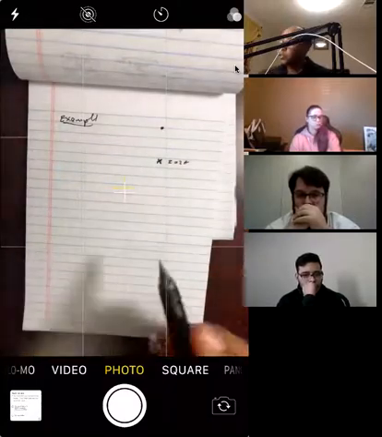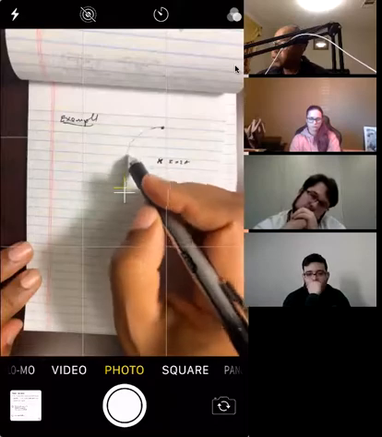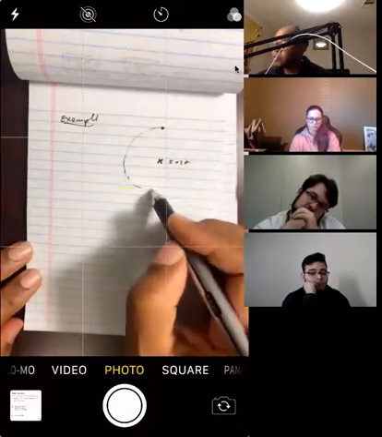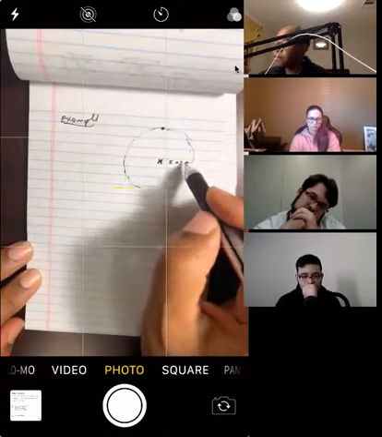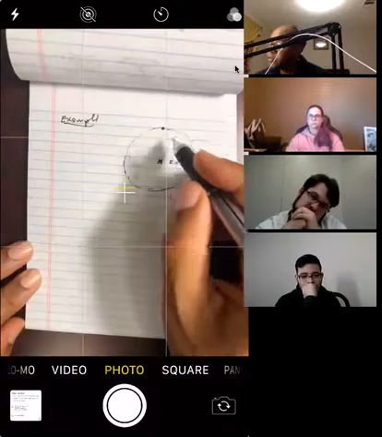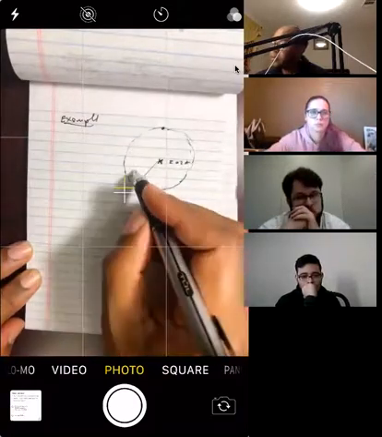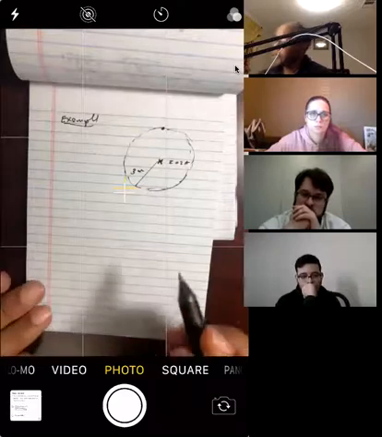We know the magnetic field lines are circular because the direction is tangential. That's the magnetic field line that goes around the wire. Let's say the radius is 3 meters, and we've got current.